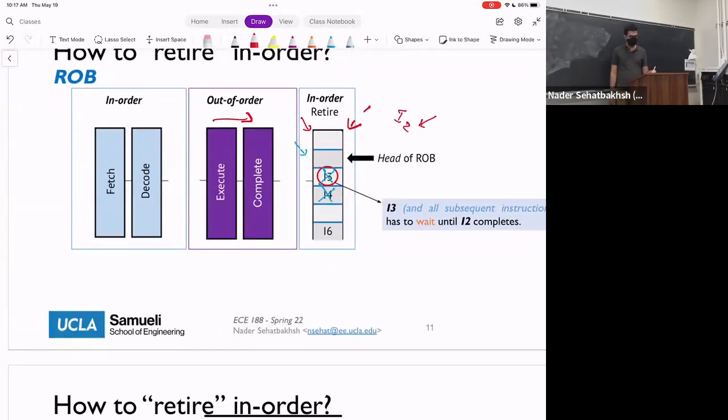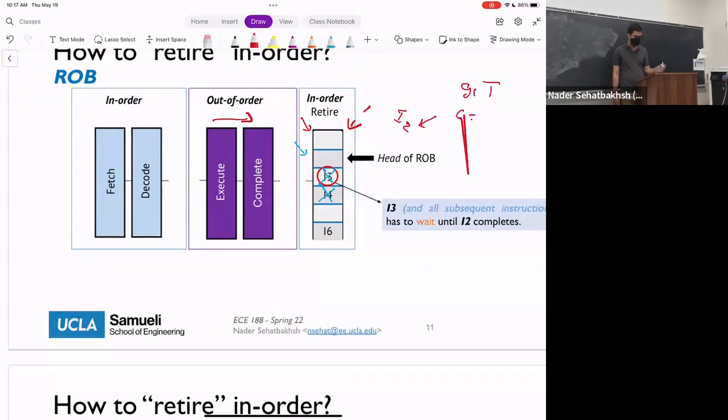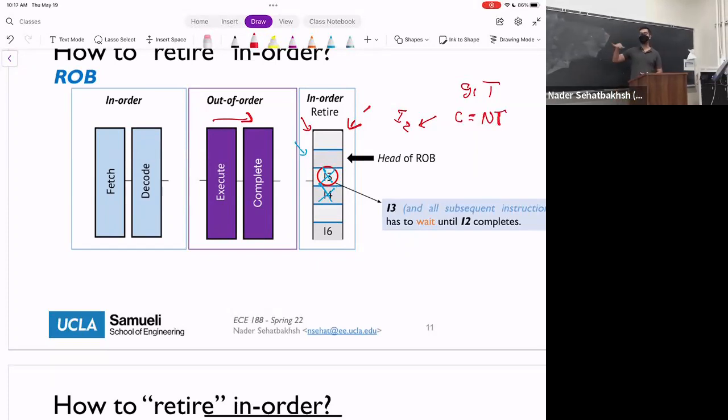An alternative scenario is that when I2 arrives, let's say I2 was a branch, and now we know that, for example, we guessed that it was taken, but the correct result is actually not taken. Okay. In that case, we basically shouldn't have executed I3, I4, I5, I6, and all those things, right? So what we need to do is basically flushing.